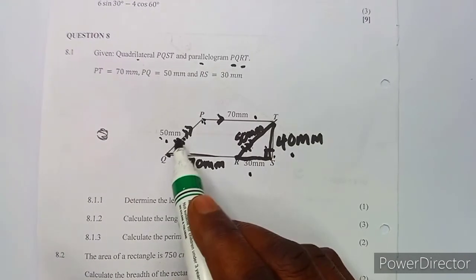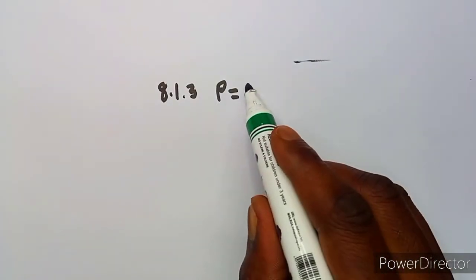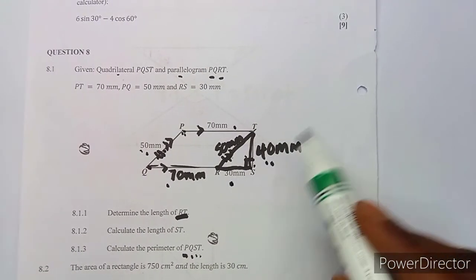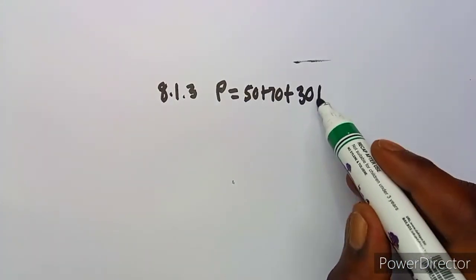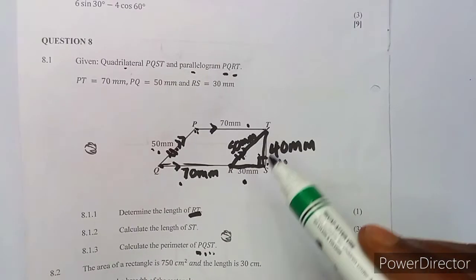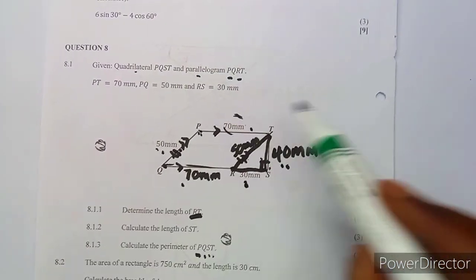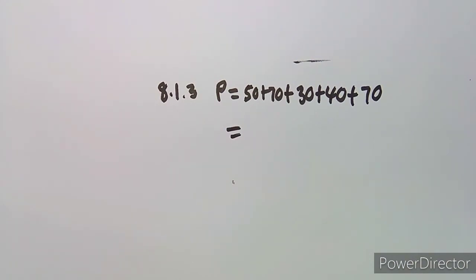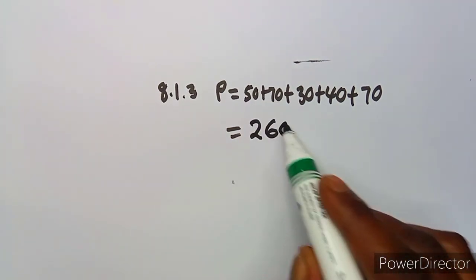So you've got 50 plus 70 plus 30 plus 40 plus 70. You add everything together and you're going to obtain 260 millimeters.